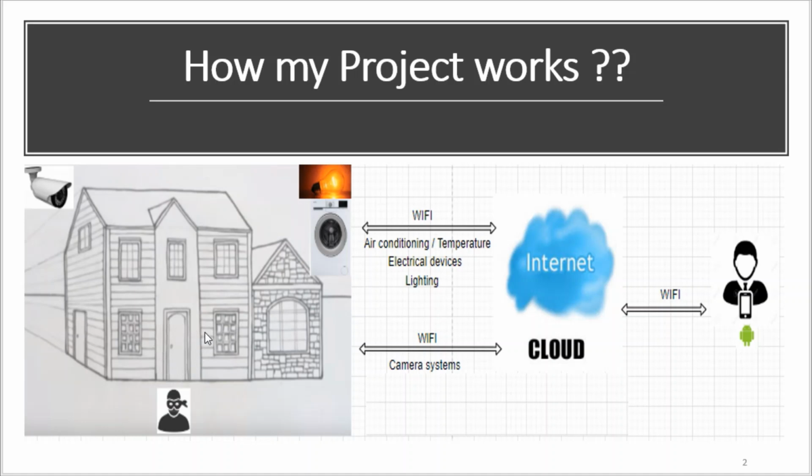After the motion sensor works, the notification will be sent to the Android application, and from the Android application we can open the application and see, using the camera, who opened the door. At the same time, we can close or open the electric device by using the Android application.